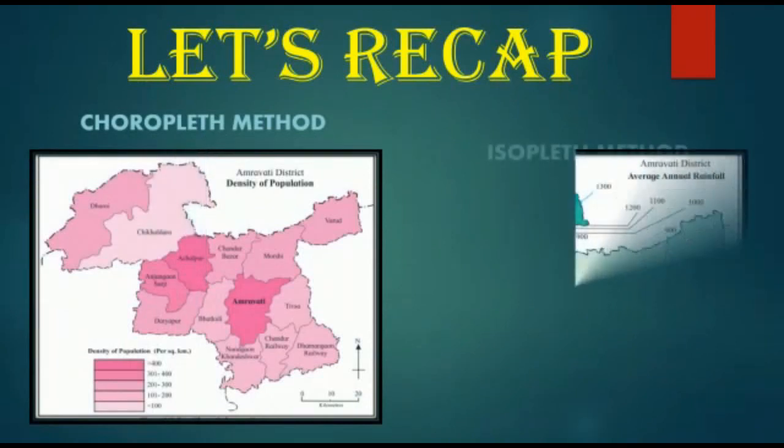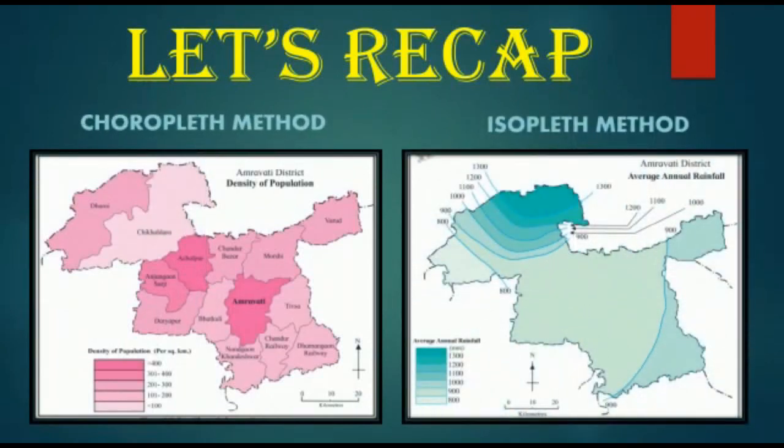Let's recap. Students, so far in this module 2, we have studied the choropleth method and the isopleth method. In the choropleth method, we have studied that in this type of map, the data regarding various geographical variables is denoted by shades or tints of different colors.